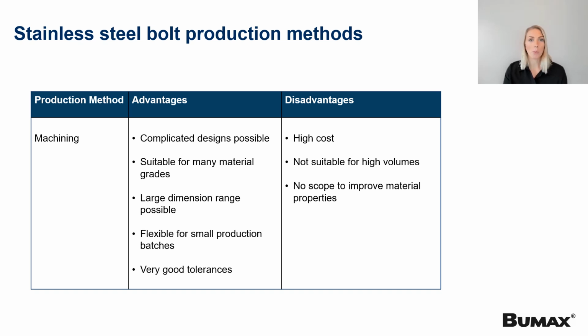However, it comes with a high cost since the material is removed. It's not suitable for larger volumes as it can be time-consuming and labor-intensive, and it's not possible to improve the material properties such as strength and ductility, as the material is not being changed in any way.